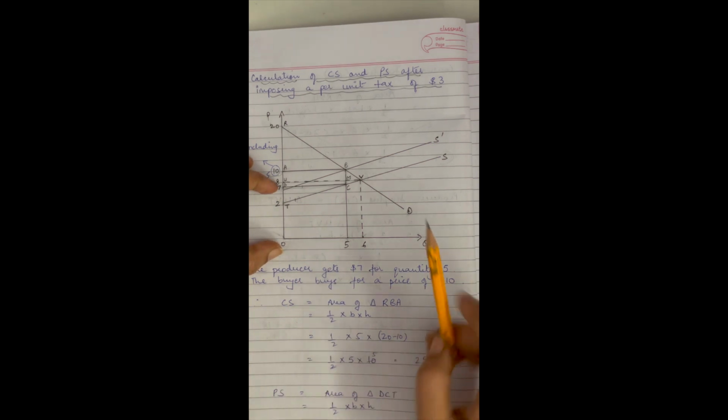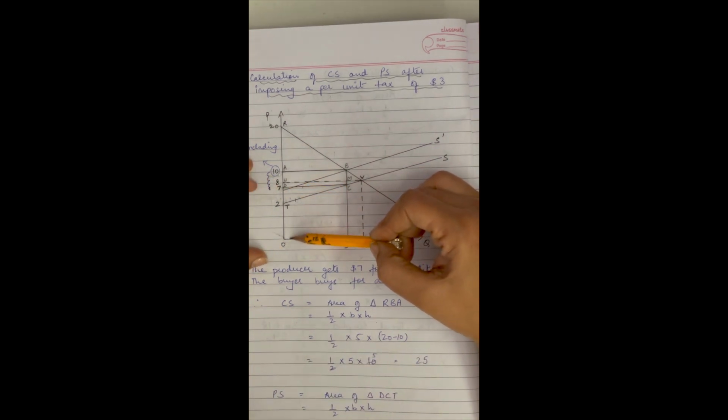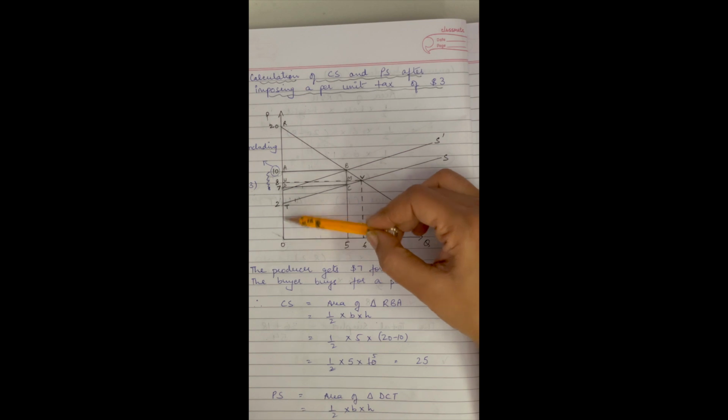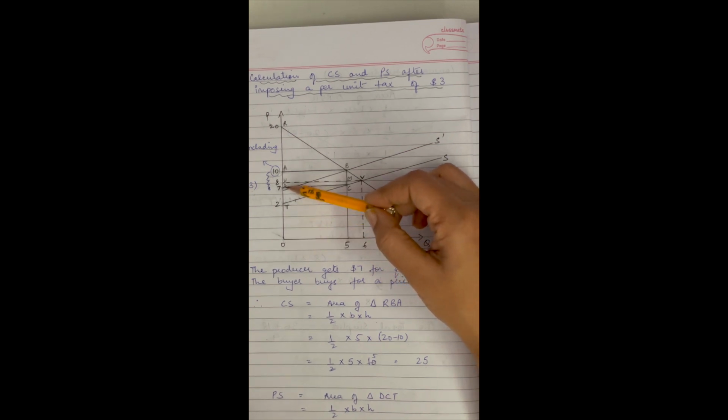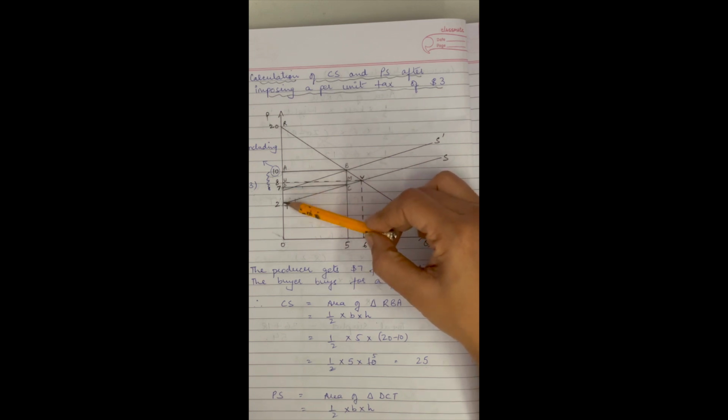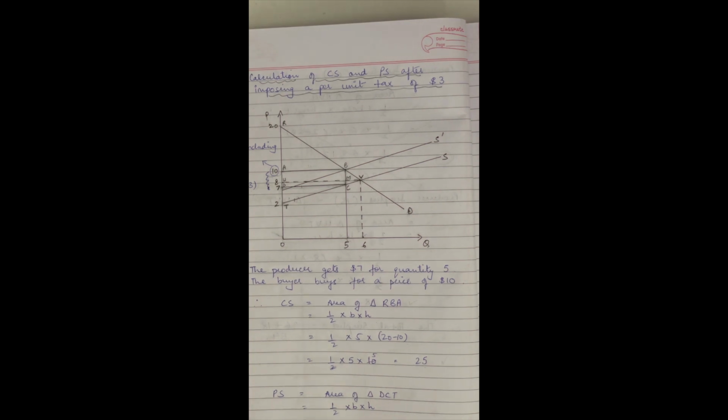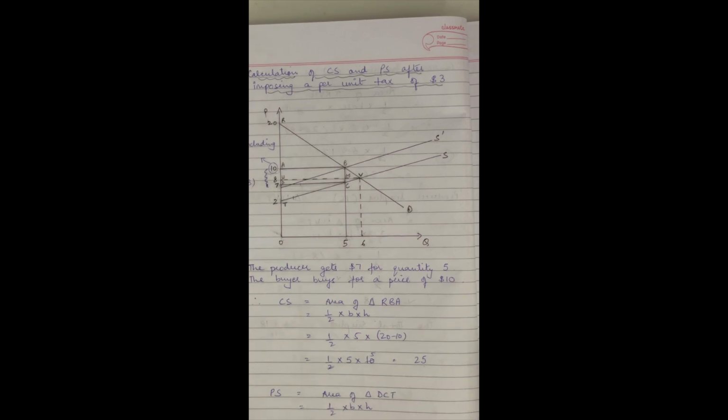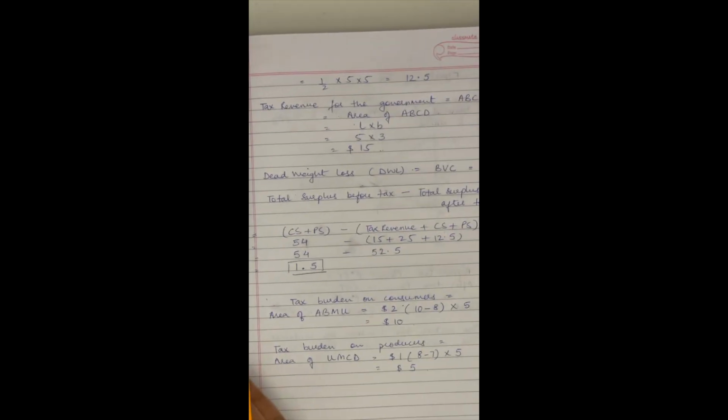So this whole minus this, from 0 to 2 or T, gives me my height of DT, which is 7 minus 2. Half into base, which is 5, into 7 minus 2. All right. So that gives me half into 5 into 5, which is 12.5. That's my producer surplus after a tax is imposed.